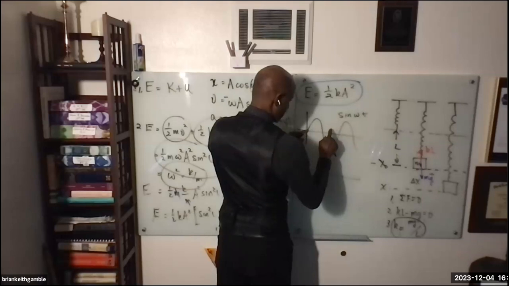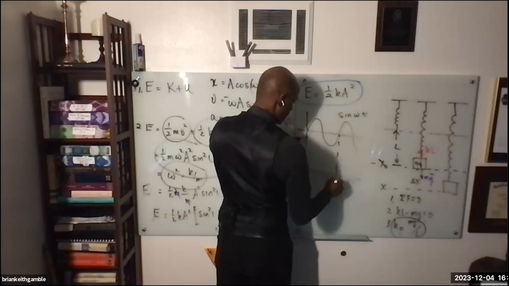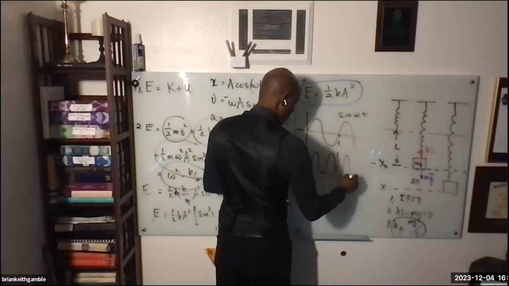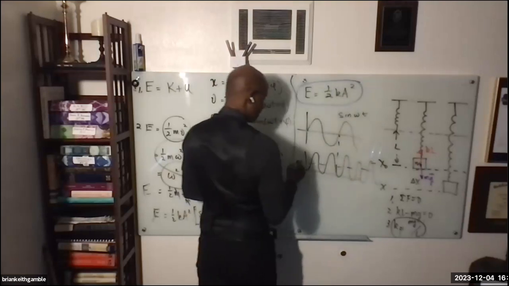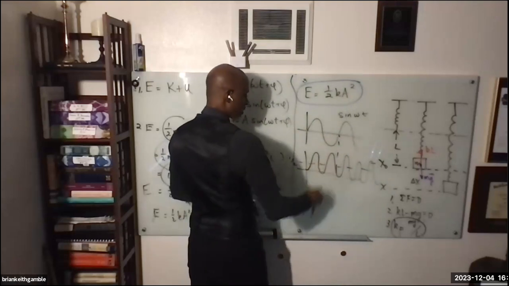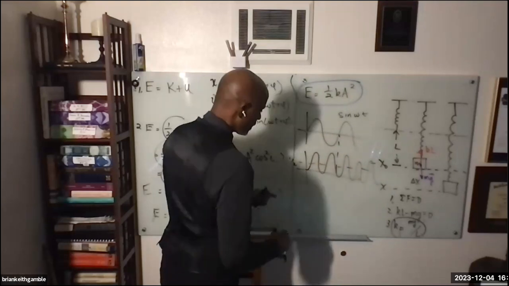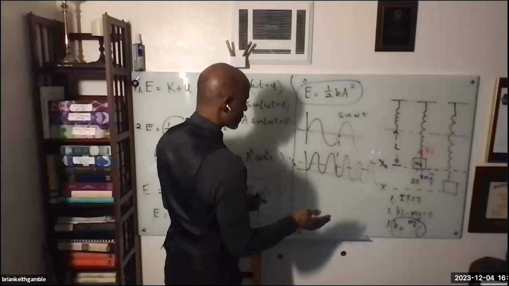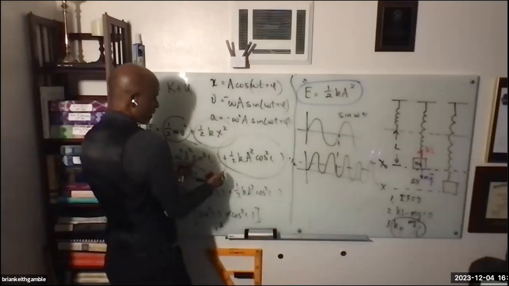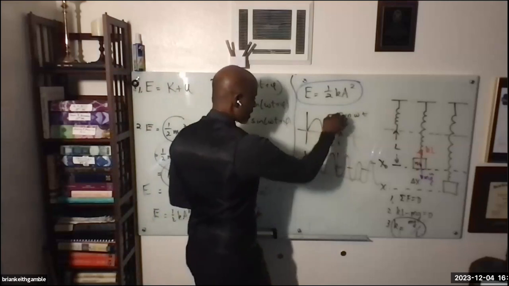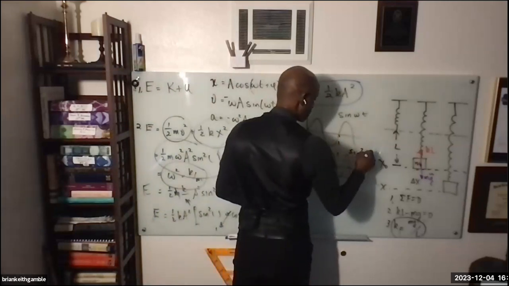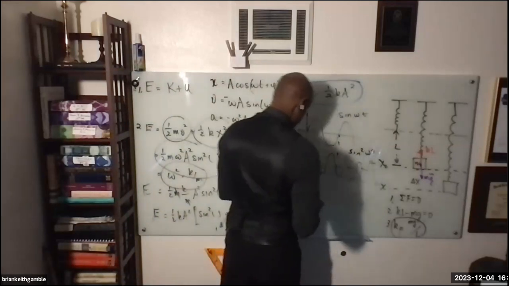If this is a period, I think it's 2. So it's like that, and it goes on. The average value of sine squared or cosine squared is always 1/2, that's just some math. But you don't get any negative values, obviously, because if you square a negative number, you always get a positive. So this is sine and this is sine squared, omega t, okay?